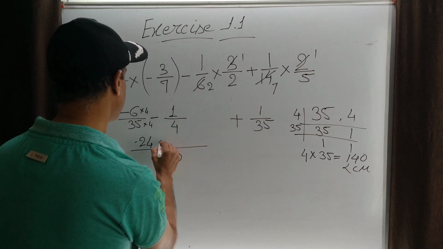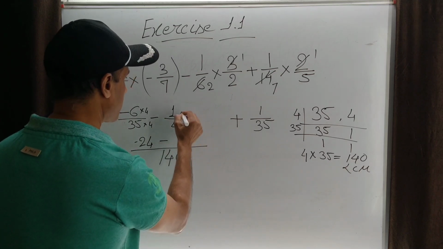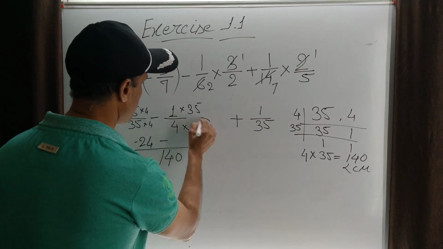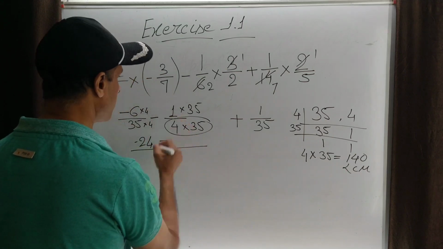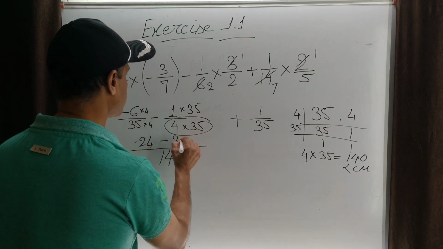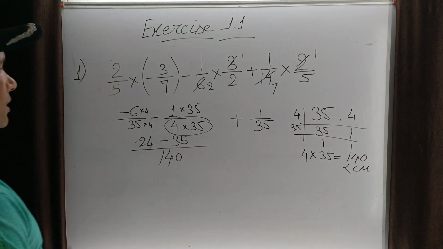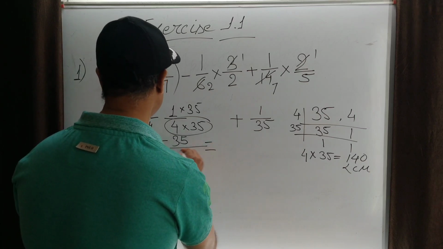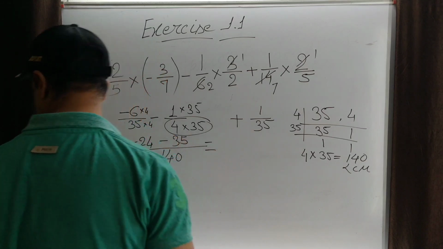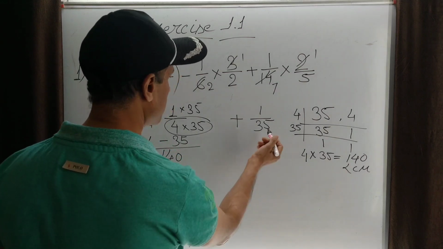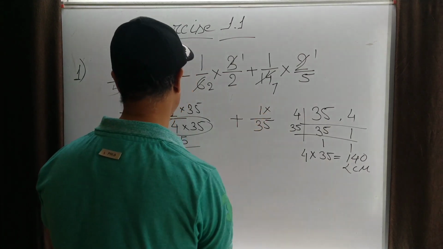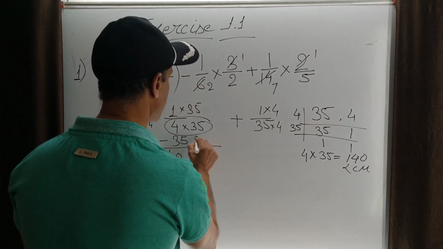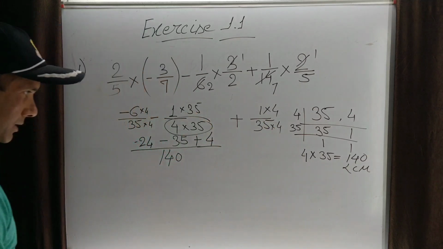And here you have got minus, you have to convert again, so 35 you multiply here, and here also 35, so the denominator is 140, that is the LCM you got, and 35 is the numerator. Here you have got 35, here also you multiply with 4, here with 4, 140 is the common denominator, you add, this becomes 4, correct?